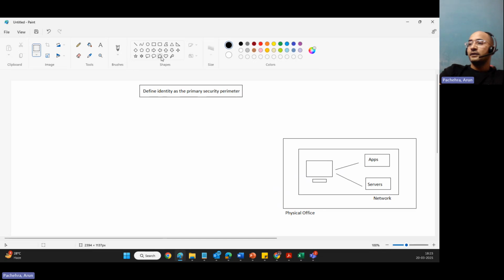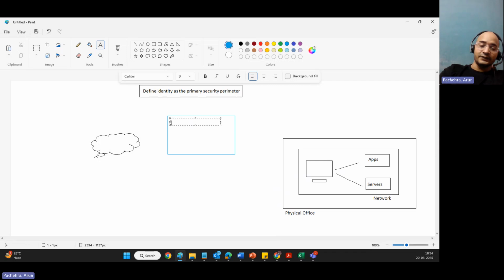Now, what happened? Cloud happened. So now let's suppose this is our Azure, and because of cloud we have SaaS applications. You don't need to deploy your infrastructure inside your physical offices for Microsoft 365, which has a number of programs, right?